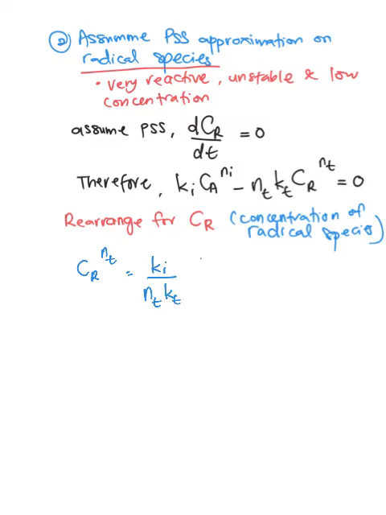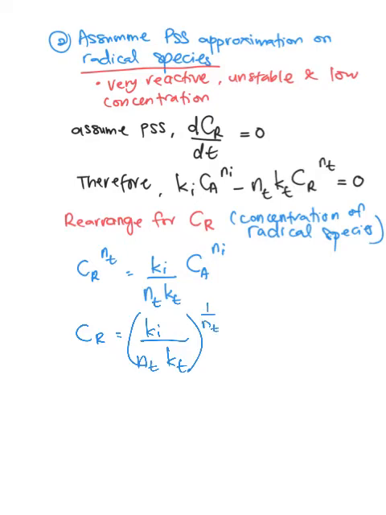power of Ca power of Ni. Okay, then solve it. You will get Cr equal to Ki per Nt Kt power of, because square root of Nt, so 1 over Nt.